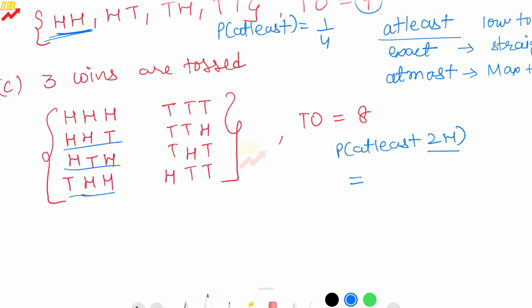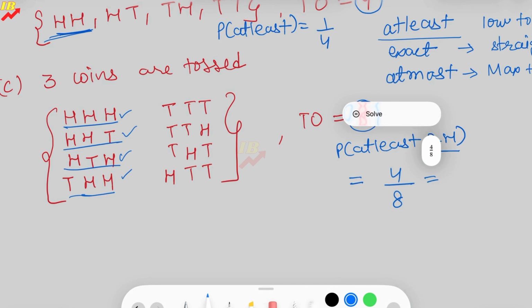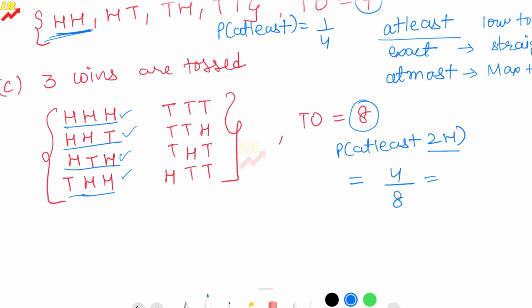So the maximum value of head is 3, right? Then the answer would be 4 over 8, because the total outcome is 8 here and these are 4 in numbers, right? And now there is one more important thing that you guys have to do. You have to simplify it. So that is going to give you a half.